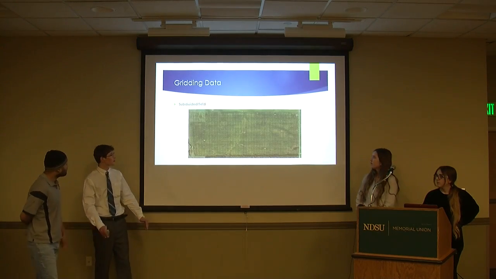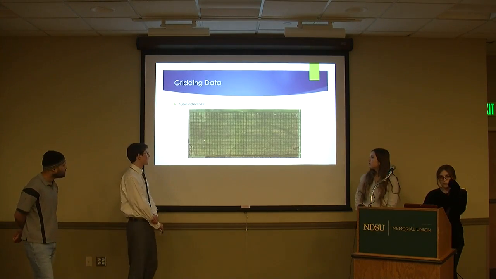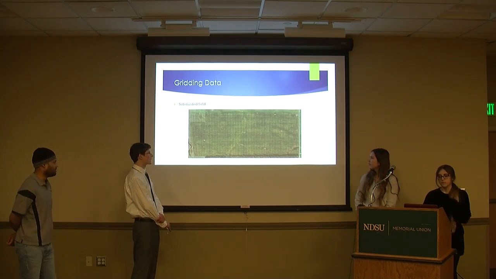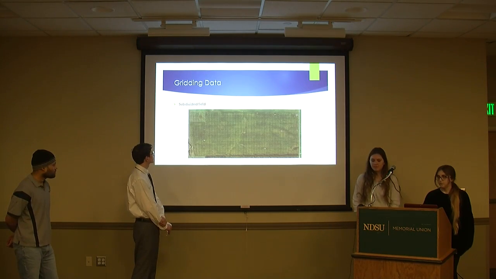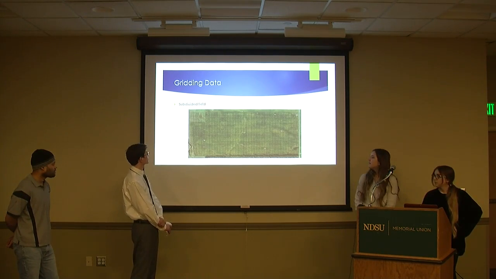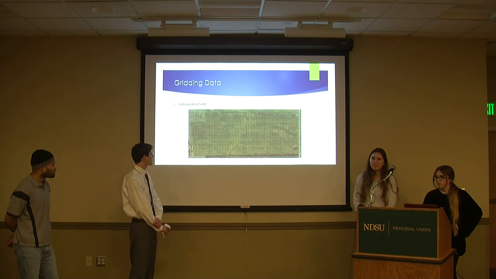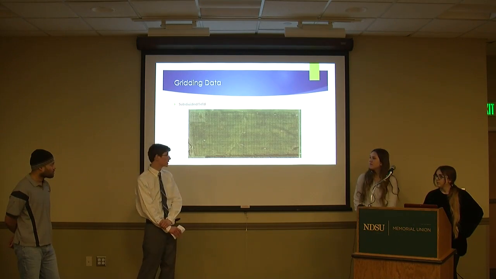All right. So this is one of our solutions to the whole unorganized dot mess problem. We took the field and placed over it, as you can see here, this nice looking grid. Each one of these squares is roughly 20 meters by 20 meters.